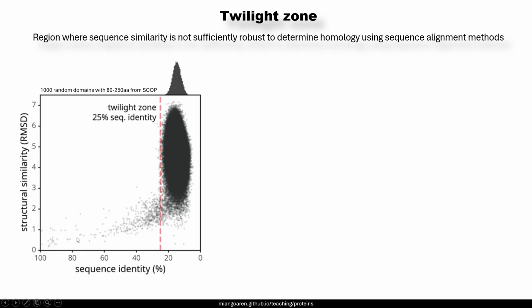And what we observe is that the sequence identity, seen here in a range of 0 to 10, and here the structural similarity of a range of 0 to 7 RMSD, which is measured in Angstroms, we observe that when there are 2 Angstroms of difference between pairs of proteins, it is reflected in a sequence similarity that ranges from 40% to 100%.